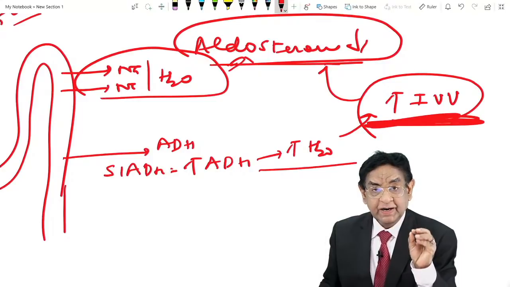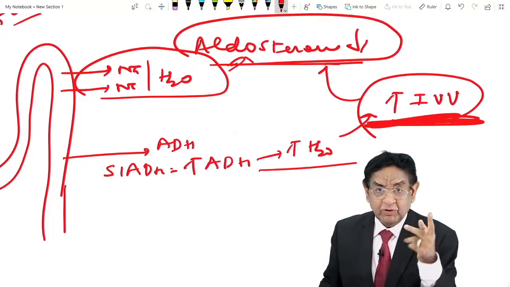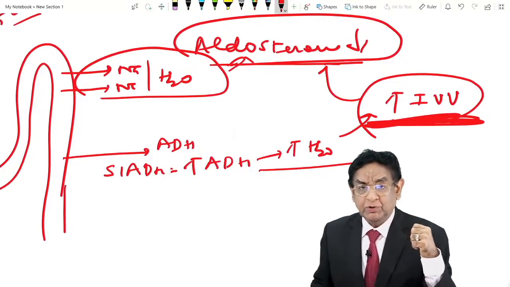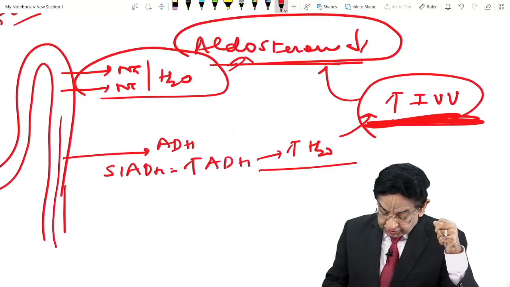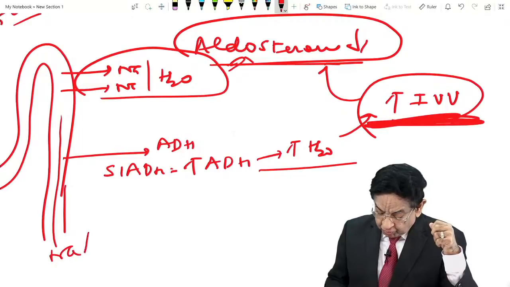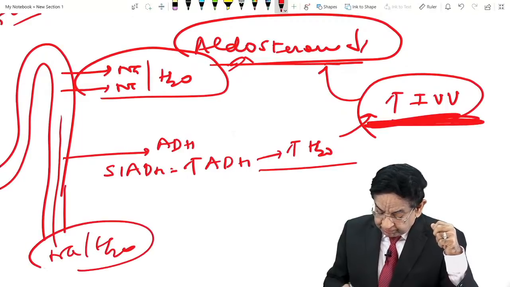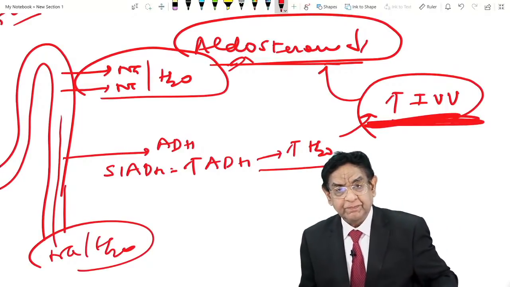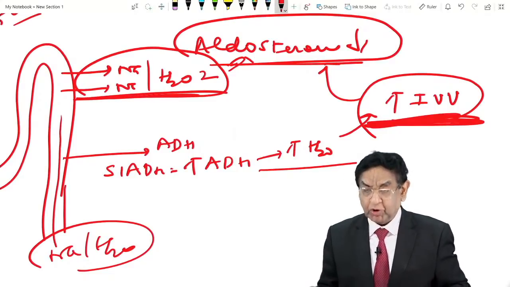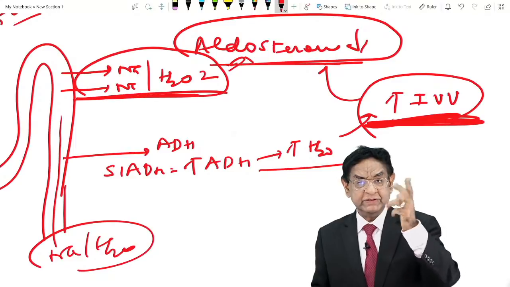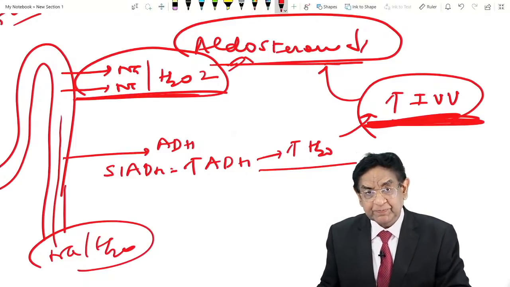Remember, aldosterone absorbs both sodium and water. Now both sodium and water will go out. Both will go out. Remember, I said 2 sodium were absorbed and 2 molecules of water were absorbed by the aldosterone. Simplest example I give you.